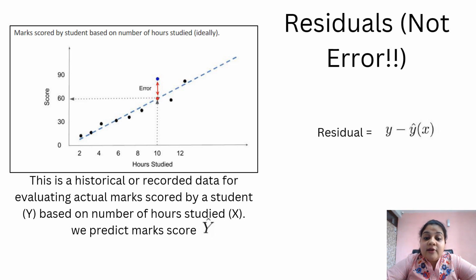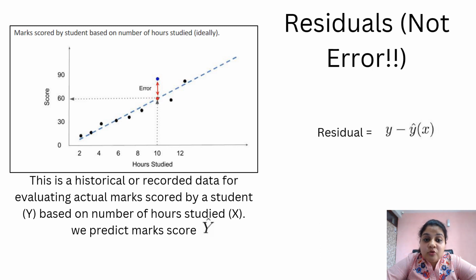Whereas if we calculate the difference between the actual value and the predicted value for the current year, let's say 2023, then this difference is called an error. This is an actual difference that will be there for the current year for the unobserved data set. We don't know what the actual marks obtained by the student will be.